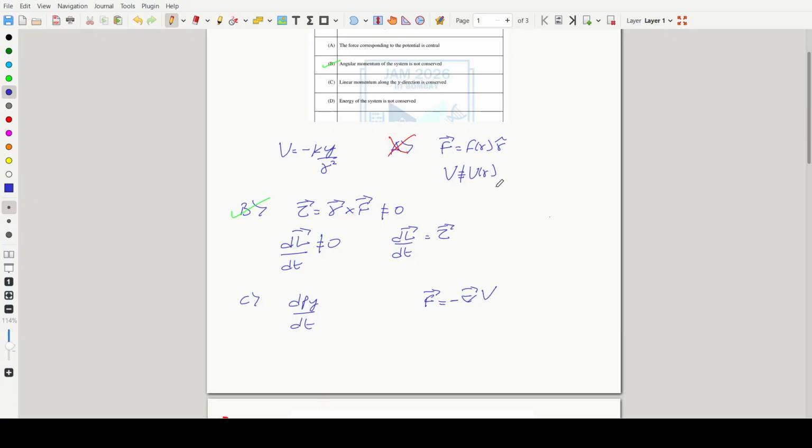So the y component of your force would be minus dou V by dou y, and that y component of force is also equal to dpy by dt, right?